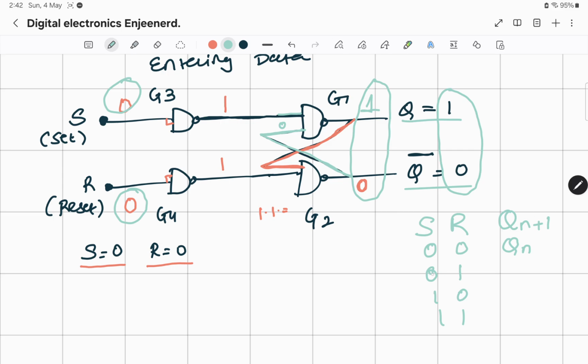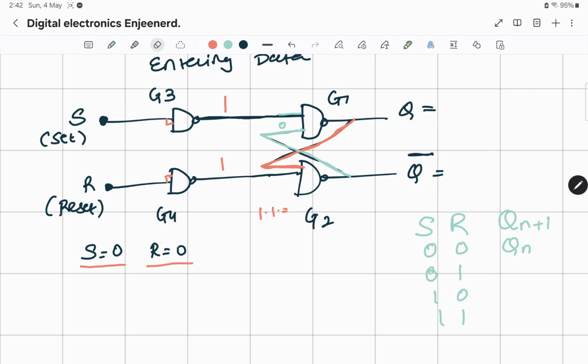Now let us try the second state of 0 and 1. I will delete the previous values so that there is no confusion. Let's take the initial state as 1 and 0.